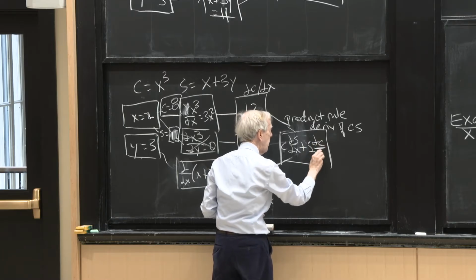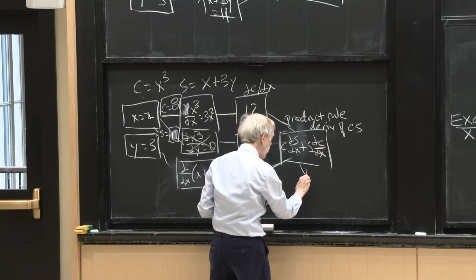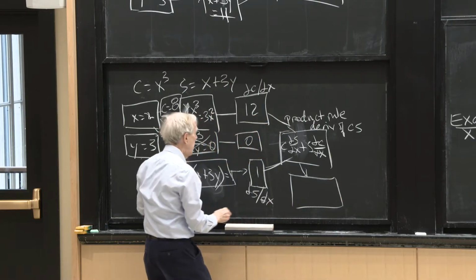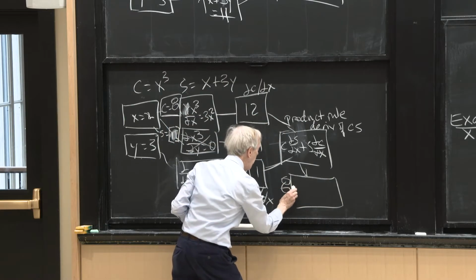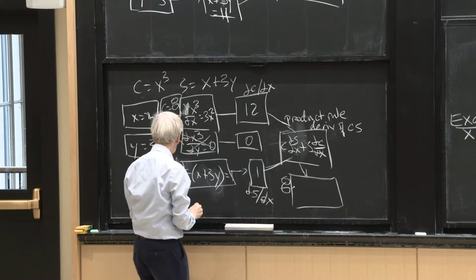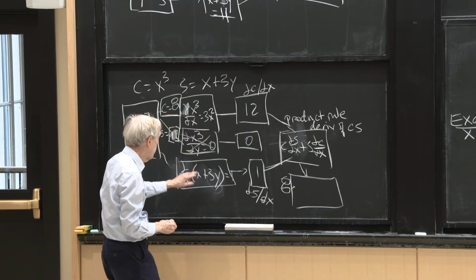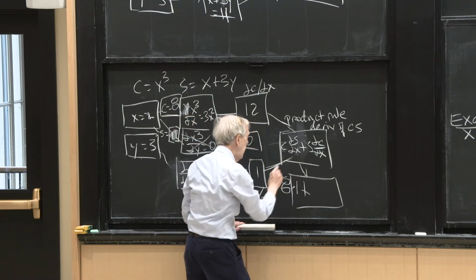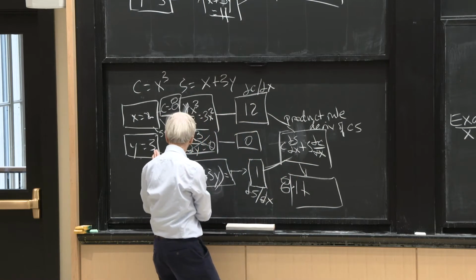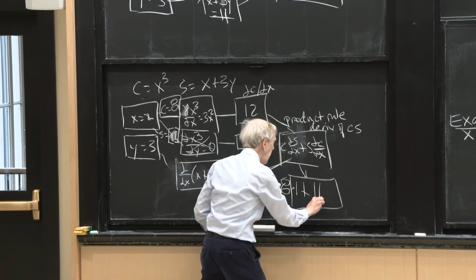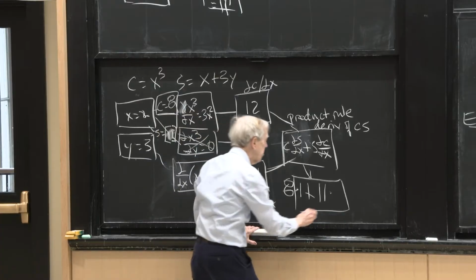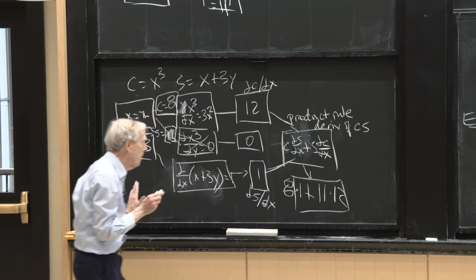I think I'm on track now. And now I want to put in numbers. So c is 8. ds dx, have we computed ds dx? Yes, ds dx is 1. And now s itself is computed as 11. And dc dx we computed as 12. I don't dare look.